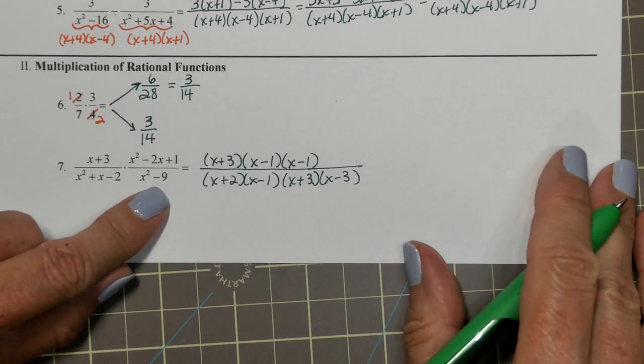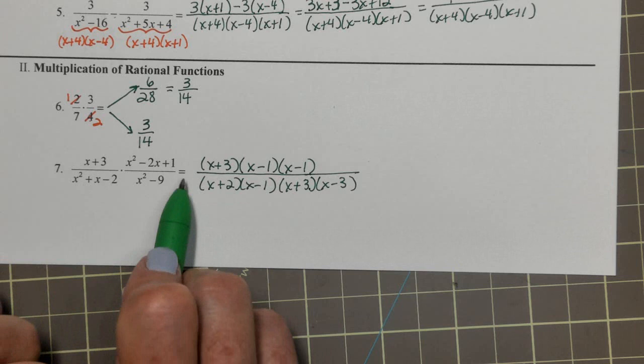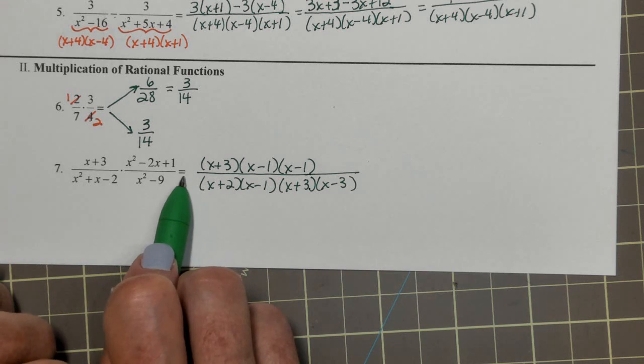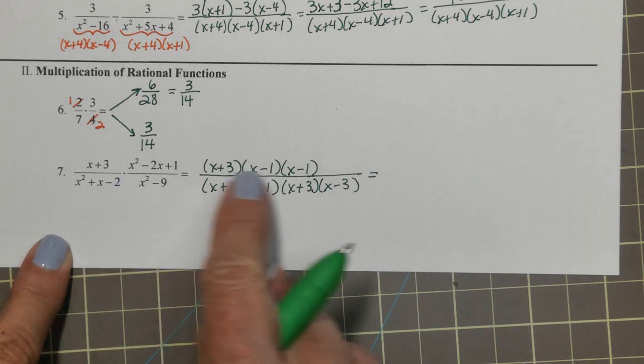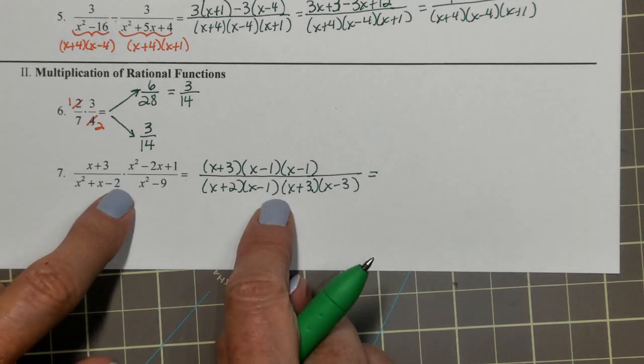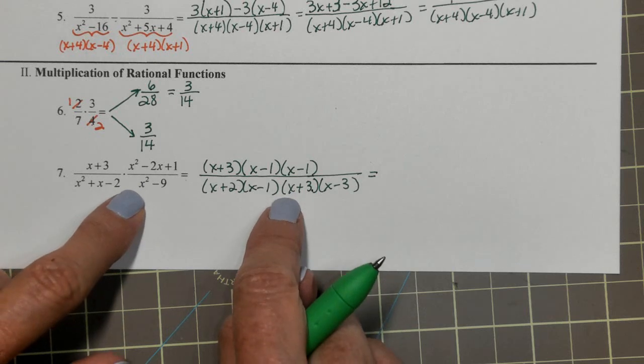Okay, now, clearly we have some things that can be reduced. However, this equal sign is very, very powerful. I can say that this is equal to this, and it absolutely is. It definitely is equal to that. All I did was factor.